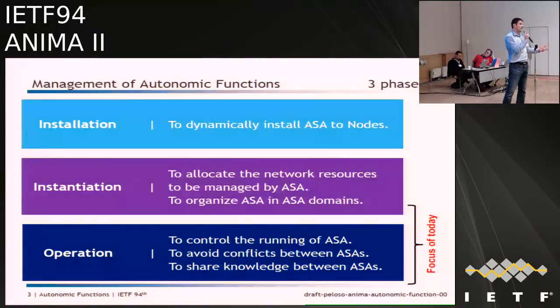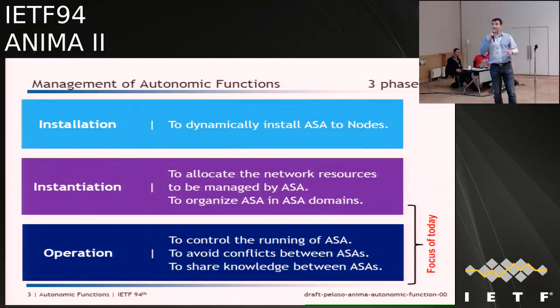How do you say to this ASA, this is the piece of equipment that you're going to manage. If you take a load balancing autonomic function, which are the routers for which you are going to modify the metric in order to do some traffic engineering.